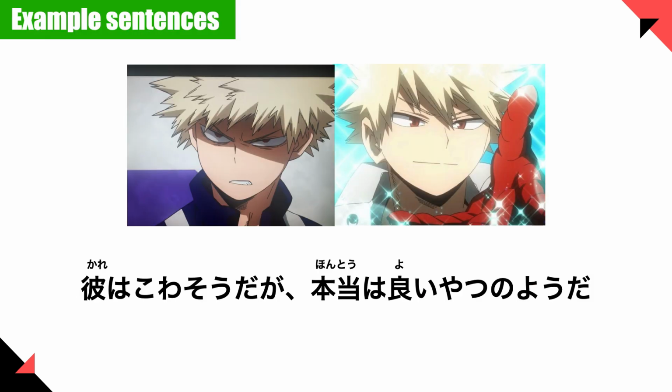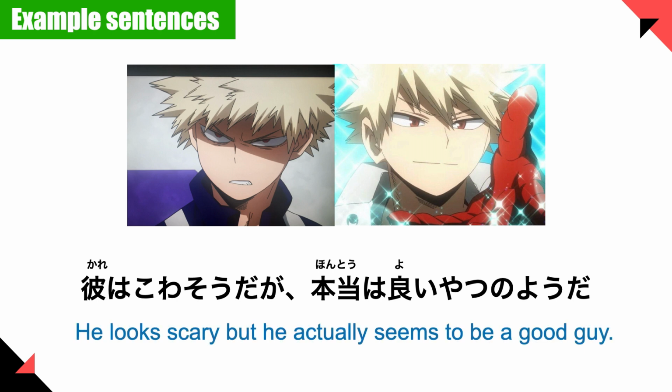Alright, let's look at an example sentence. 彼は怖そうだが、本当は良いやつのようだ。He looks scary, but he actually seems to be a good guy. Alright, so if you're watching an anime called My Hero Academia, if you look at him at first, you think he looks scary.